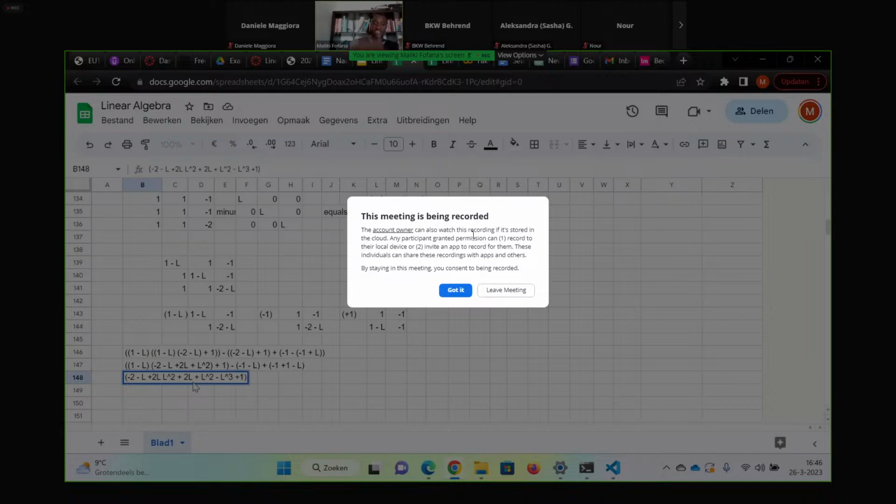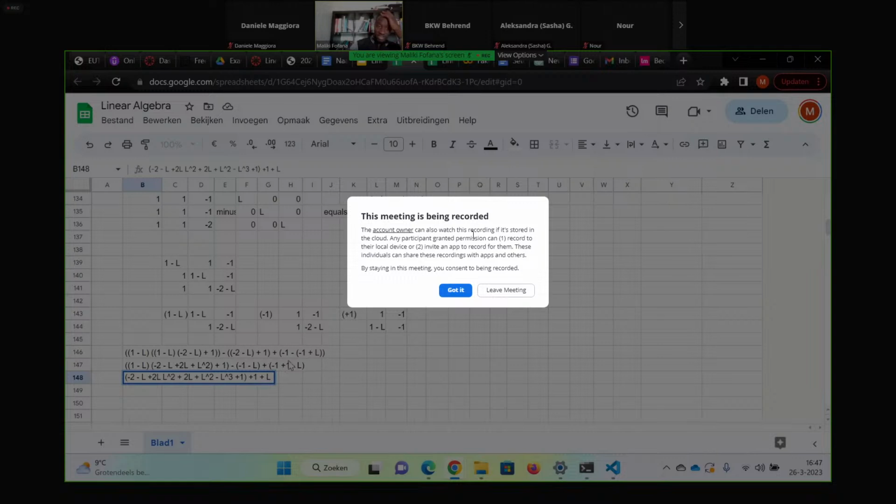After this step, we go down a bit and then work it out. And then we have minus. What I can do with the minus now is open the other brackets, saying that minus multiplied by minus 1 is plus 1. Minus multiplied by minus lambda is plus lambda, right? And then I can also open the last bracket.